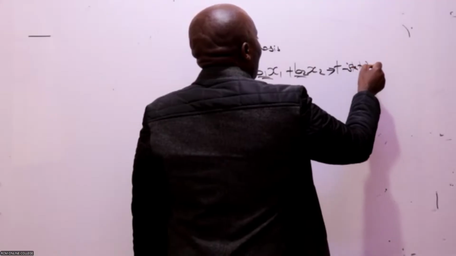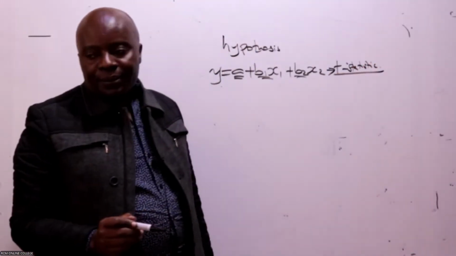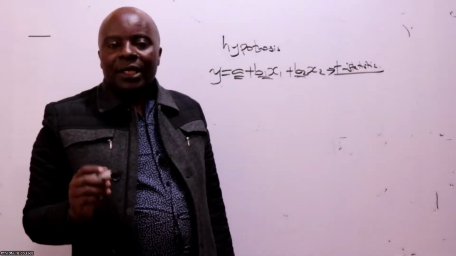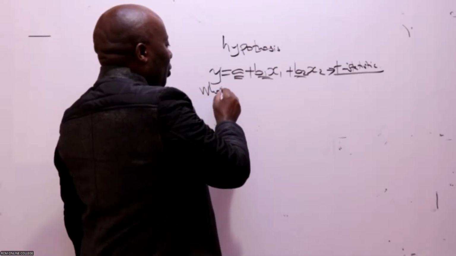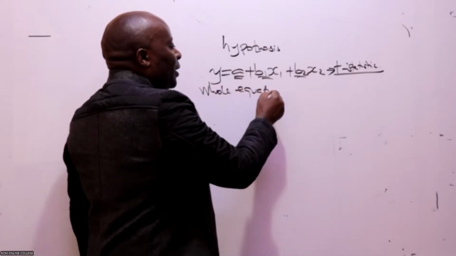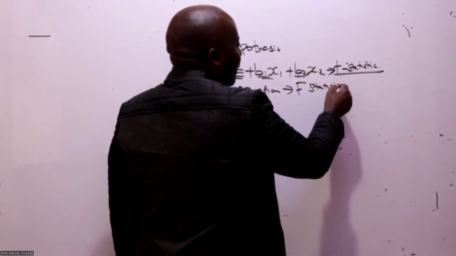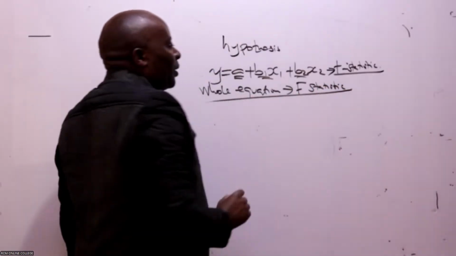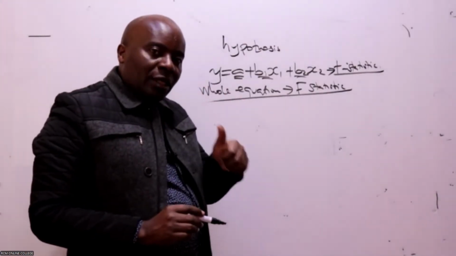But whenever you are looking at the whole equation, we shall use the F statistic. Once I have that general information, it will be very easy to pin down this examiner.